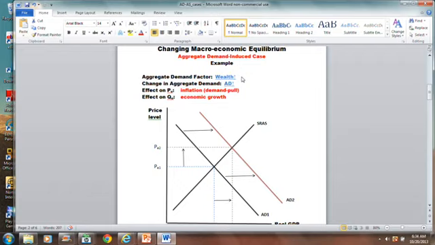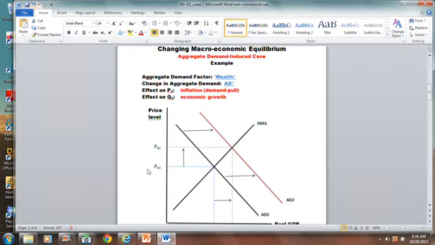And of course, when wealth increases, that causes consumption to increase. And when consumption gets bigger, aggregate demand gets bigger. And so a change in an aggregate demand factor will make only the aggregate demand curve shift. So in this case, if wealth goes up, aggregate demand increases, the curve shifts to the right.